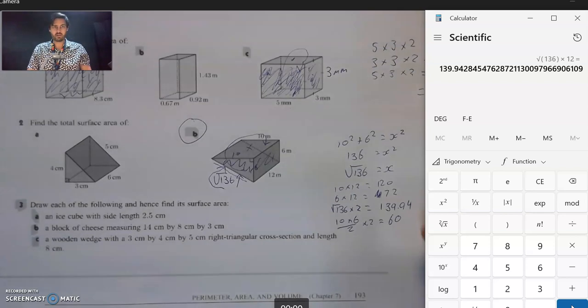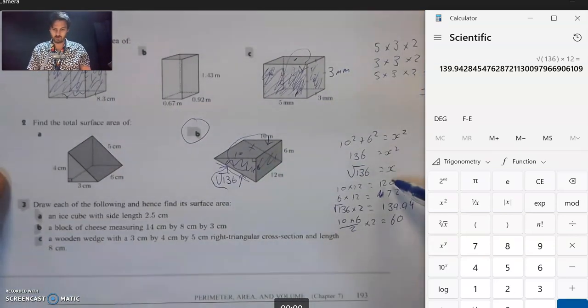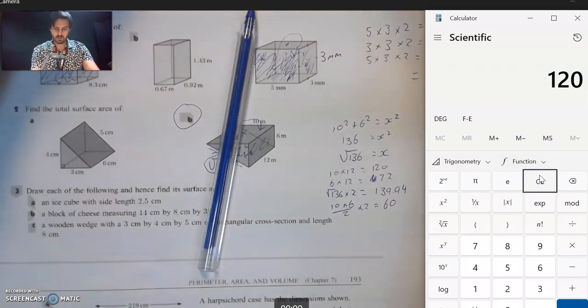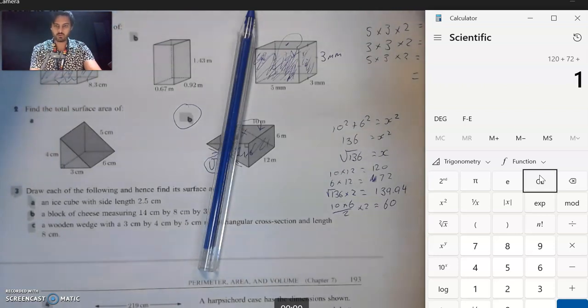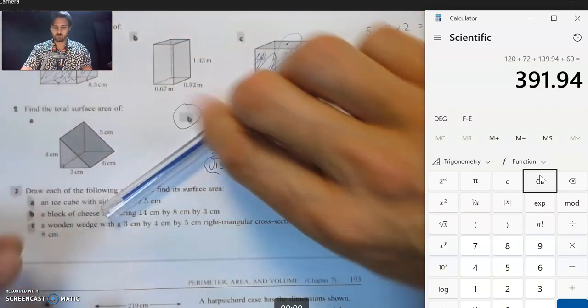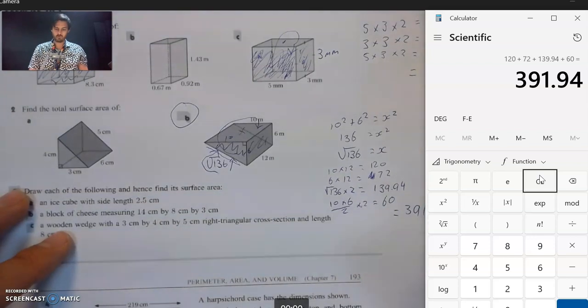So from there, we need to add all of those together. We've got 120 plus 72 plus 139.94 plus 60 equals, and it should equal, assuming I haven't made any mistakes, I don't think I have, 391.94, and that is meters squared.